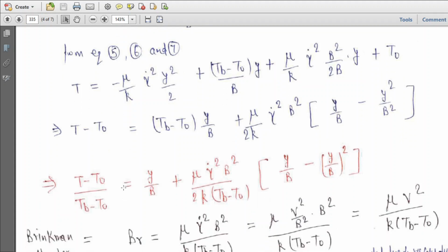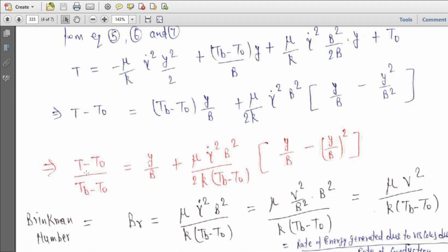Now arranging this, we get (T − T0)/(Tb − T0) = y/b + (γ̇² μ b²/(2k(Tb − T0))) (y/b − y²/b²).